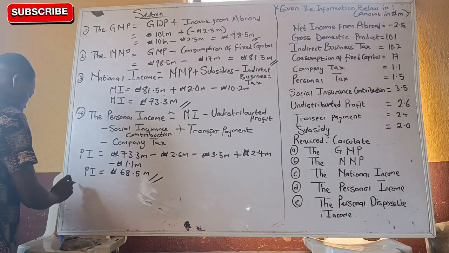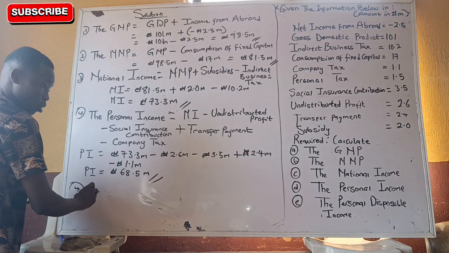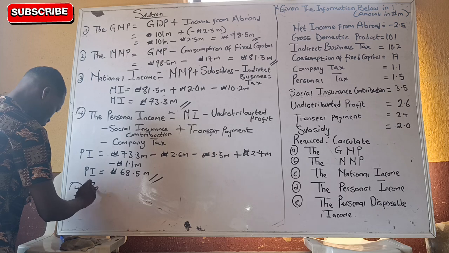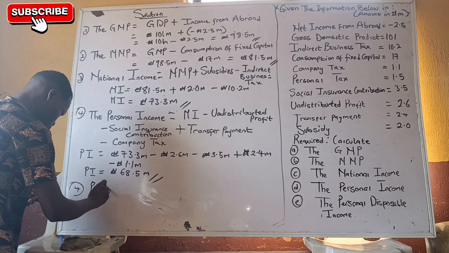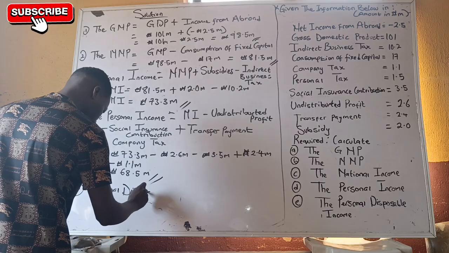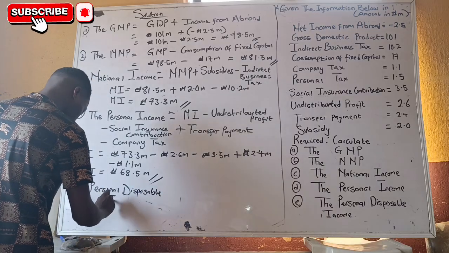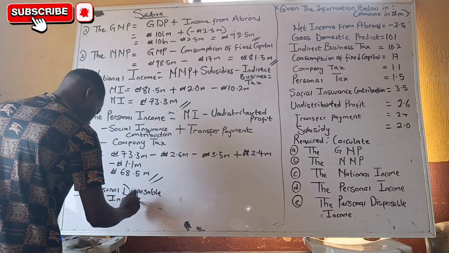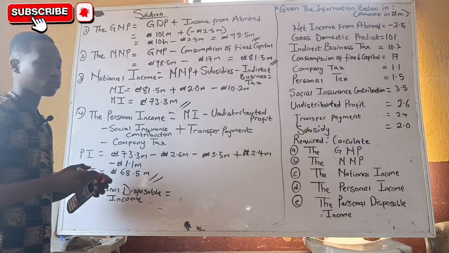Then the last one, personal disposable income. So we know what disposable income means.